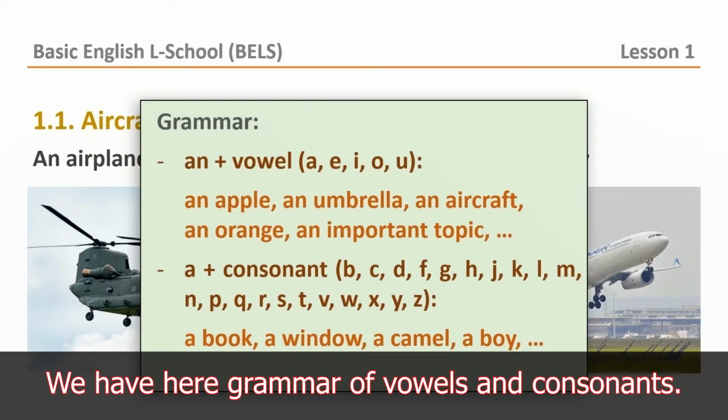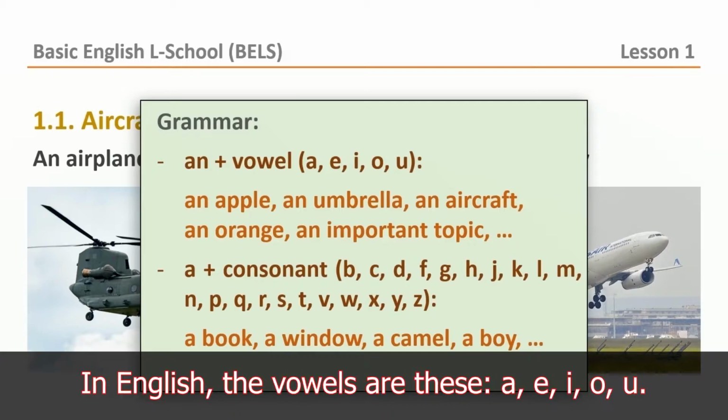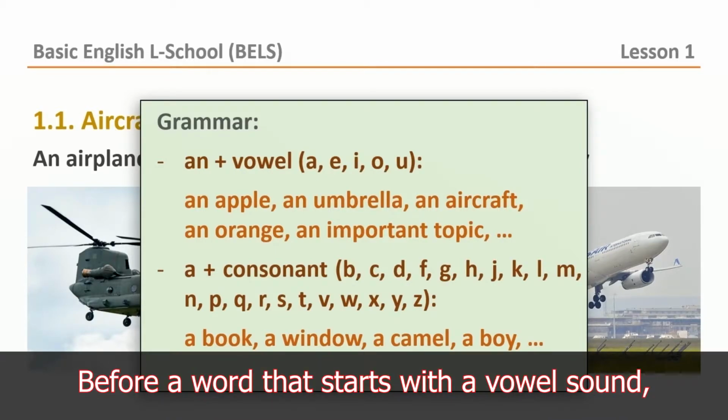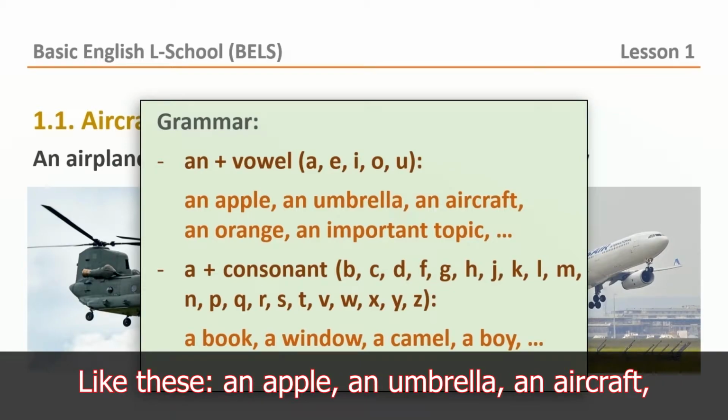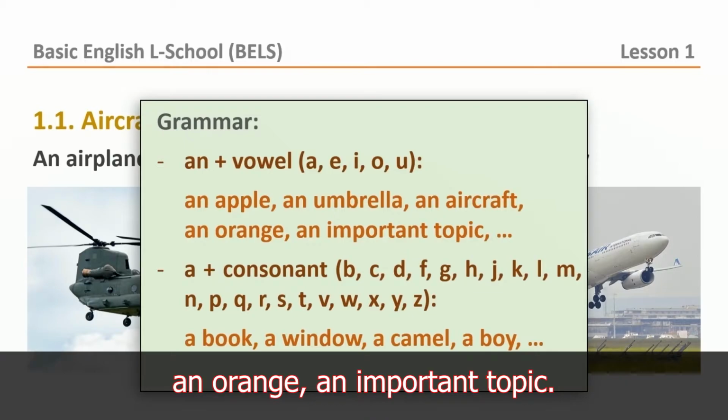We have here grammar of vowels and consonants. In English, the vowels are these: A, E, I, O, U. Before a word that starts with a vowel sound, if we're going to use a or an, we must use an, like this: an apple, an umbrella, an aircraft, an orange, an important topic.